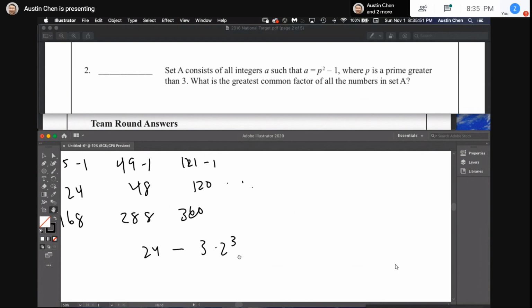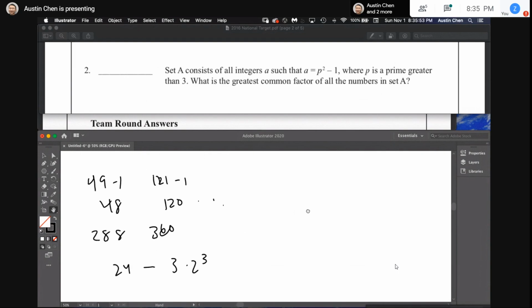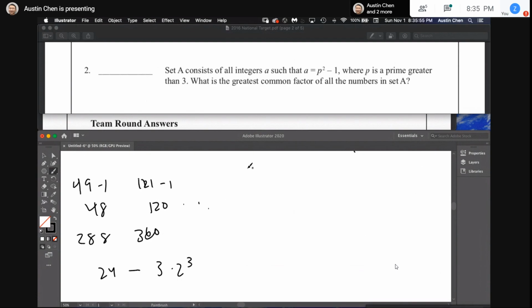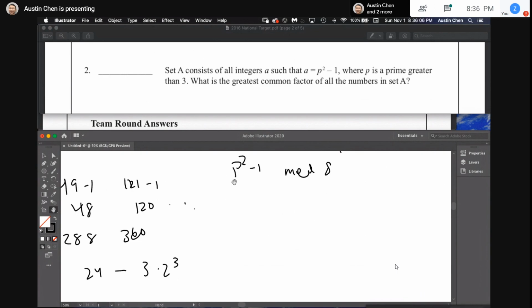What we should do is look at p squared minus 1 mod 8. If it's always 0 mod 8, then it's always going to have 2 cubed as a factor, right? Okay.